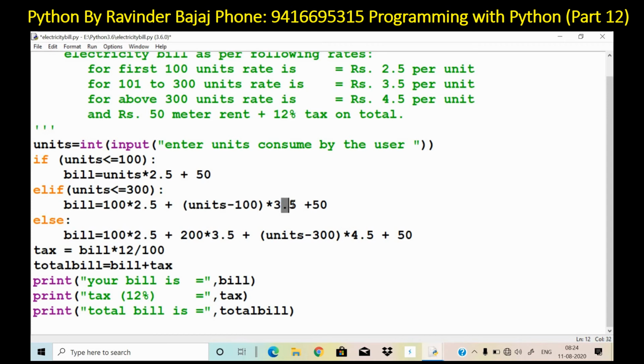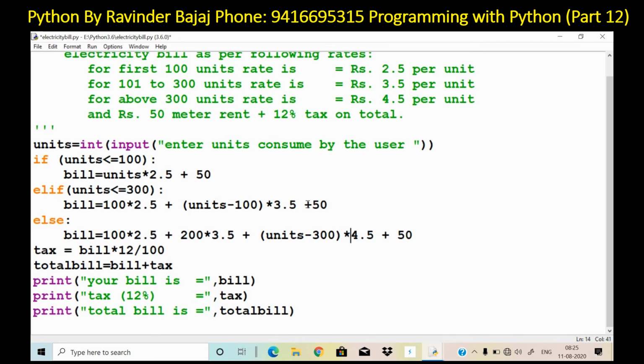So above 100 units, the rate is 3.5 plus 50 rupees meter rent. And if the user has consumed suppose 350 units, then the first 100 unit charges are this, next 200 unit charges are this, and 350 minus 300, remaining are 50 units only. For 50 units which are more than 300, charges are 4 rupees 50 paise.